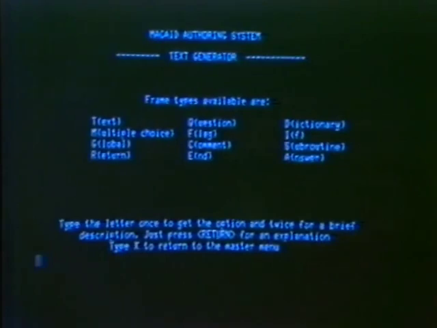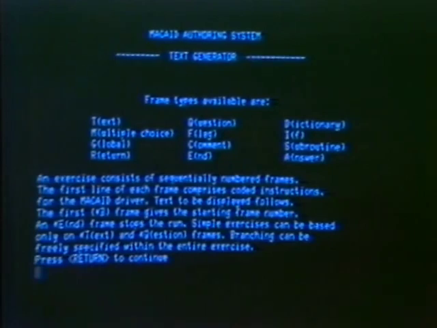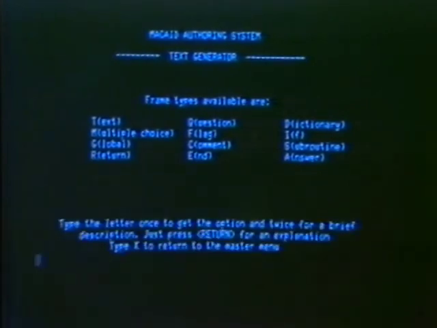So we'll ask to generate new frames, and here we've got various types of frame. If we type the letter twice, we get the details of what the particular frame does. This is a description of what an exercise consists of: sequentially numbered frames or nodes, and the first line of each frame has got coded instructions followed by text.